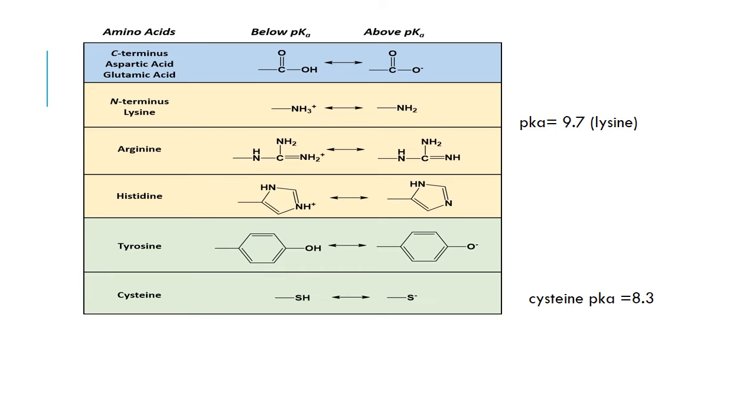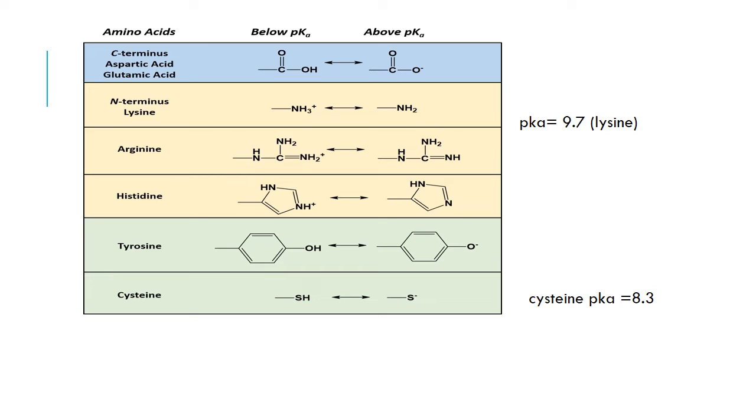Now, if the pH is reducing, less than 8.3, we are expecting the positive charge on the left to be high compared to the negative charge.